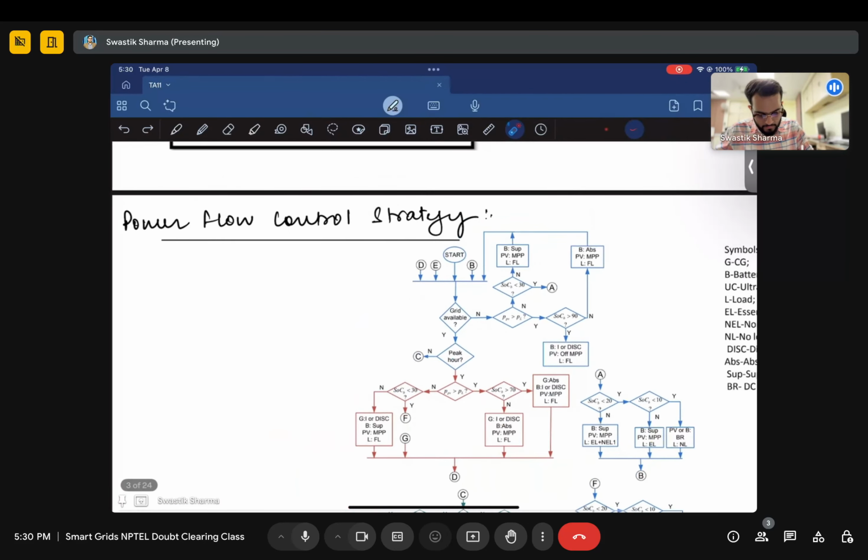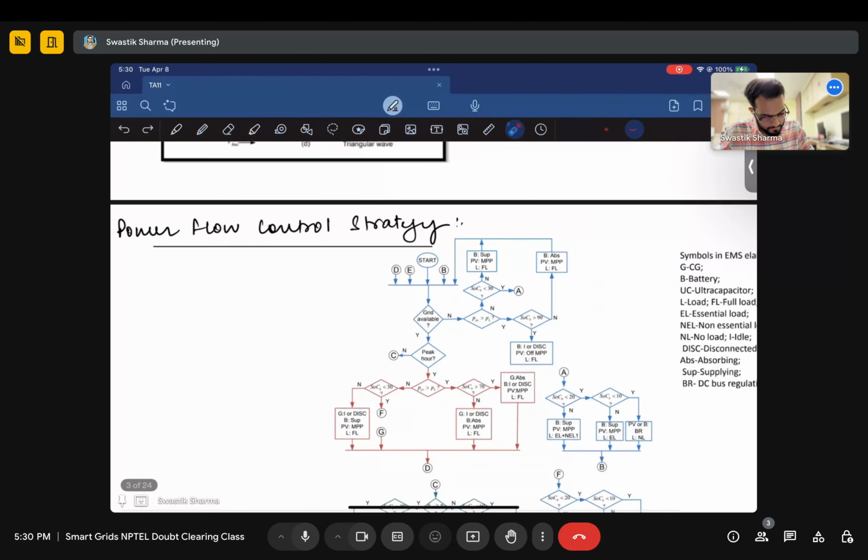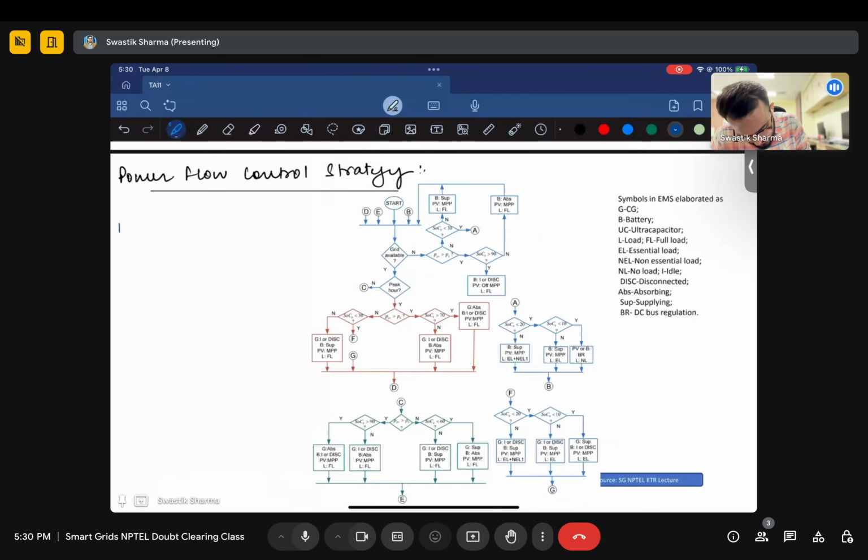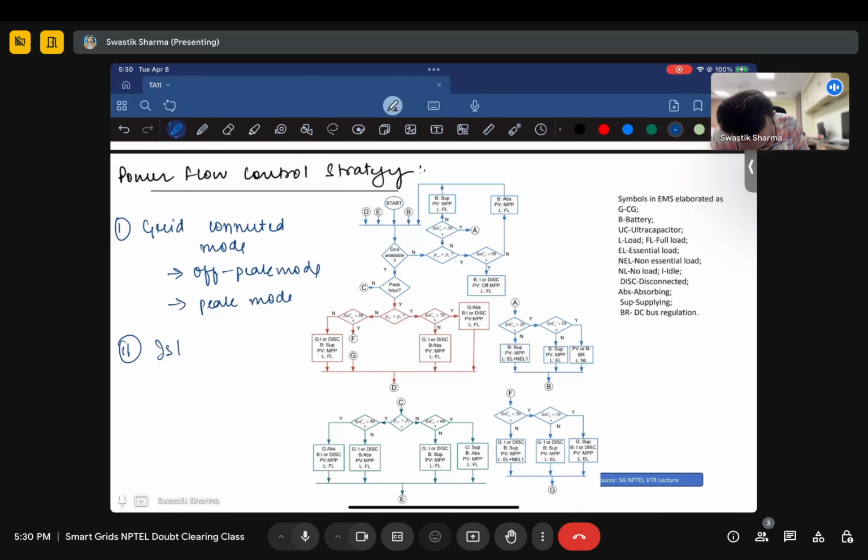There are two modes only. It's grid connected mode, and in this grid connected mode there are two more modes: off peak mode and peak mode. And then you have isolated mode.